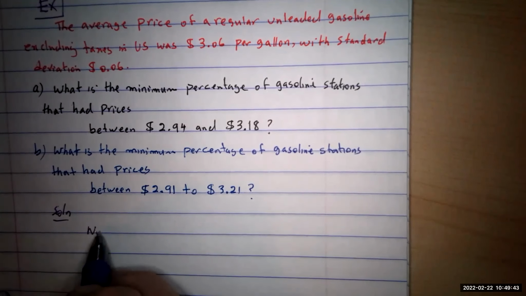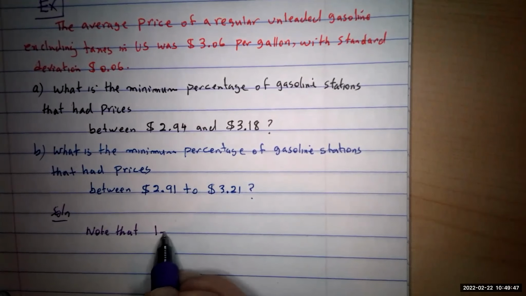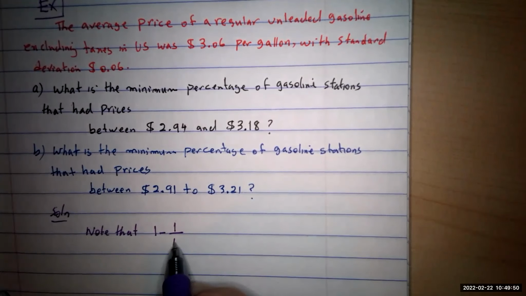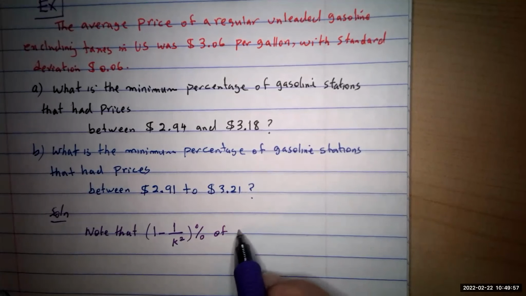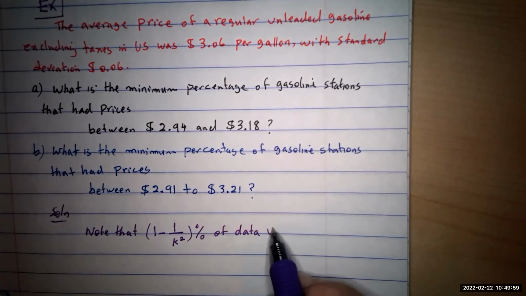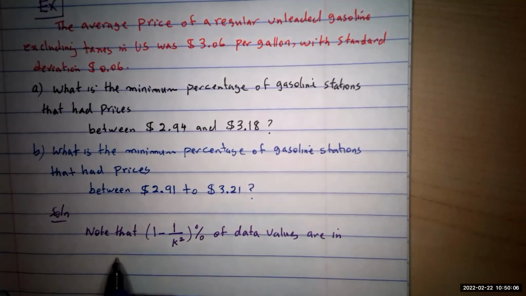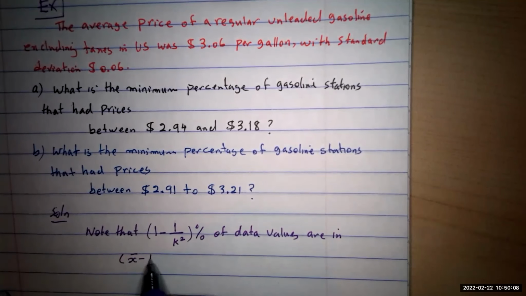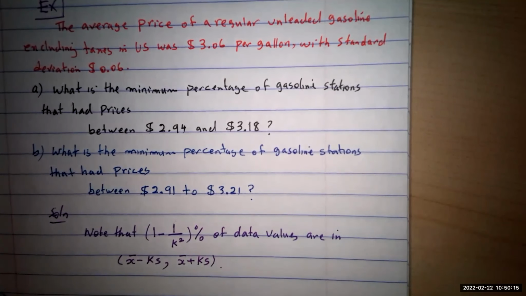Note that 1 minus 1 over K squared percent, just the theorem of data values, are in this interval: X bar minus K times S, comma, X bar plus K times S. You know that.